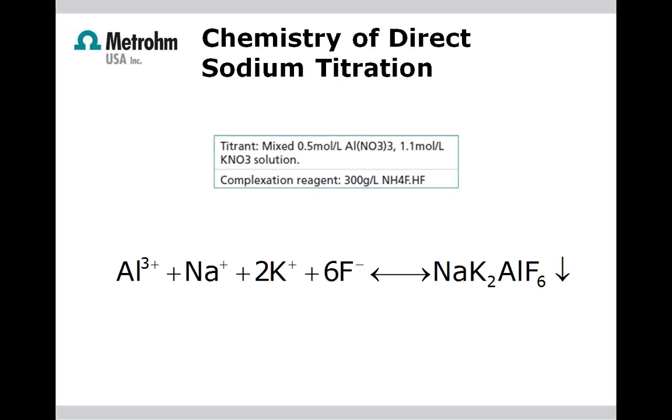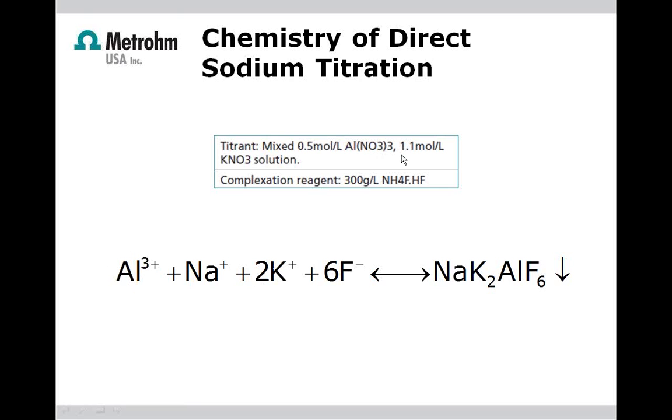Now, the chemical reaction that we made use of is shown here, where we have aluminum ions reacting with sodium ions, potassium ions, and fluoride ions to form a complex. This is an exothermic reaction, and as you'll see here, the sodium can be the limiting reagent once we have everything else in excess. In a typical thermometric titration determination, we're using a complexing reagent that provides an excess of fluoride ions, and we're providing a titrant that contains both potassium ions and aluminum ions.